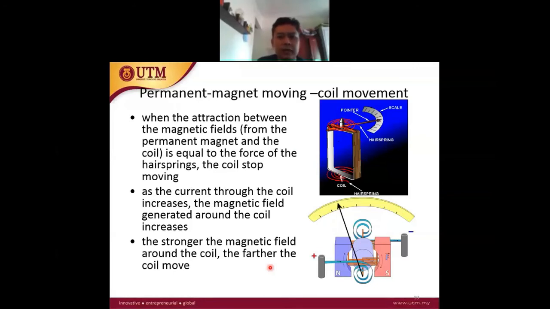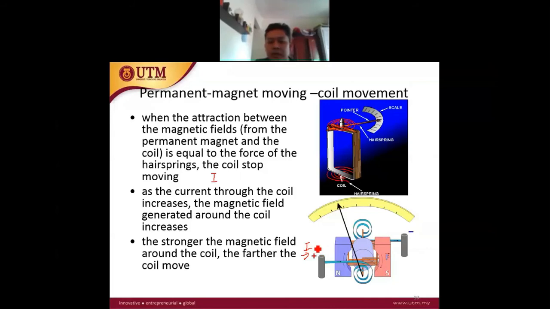Like I explained, the interaction between the magnetic field and the coil is equal to the force of the hairspring. It means that when current is inserted into the conductor, as you can see from the figure on the bottom, this is current I inserted to the conductor, then the magnetic field produced on the sides of the conductor will interact with the permanent magnetic field.